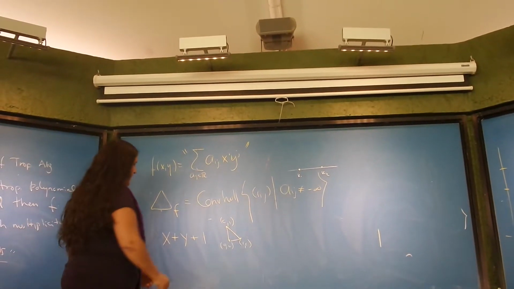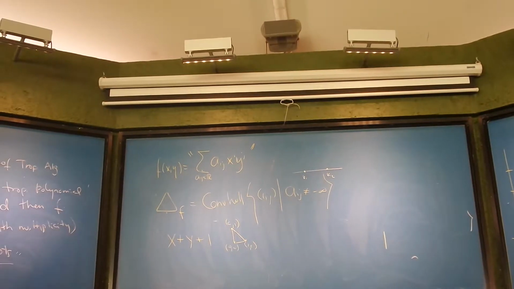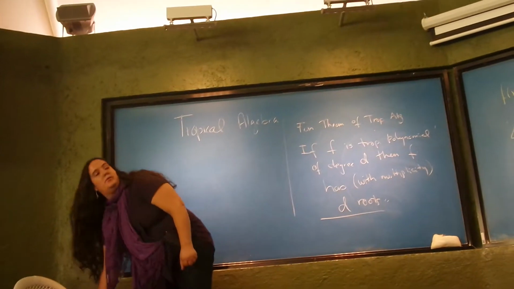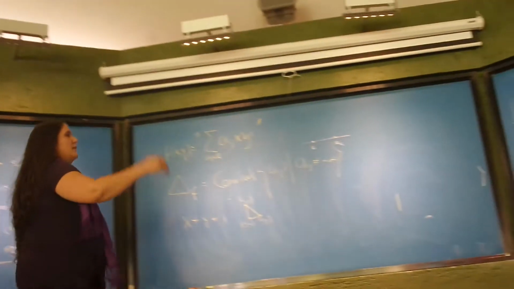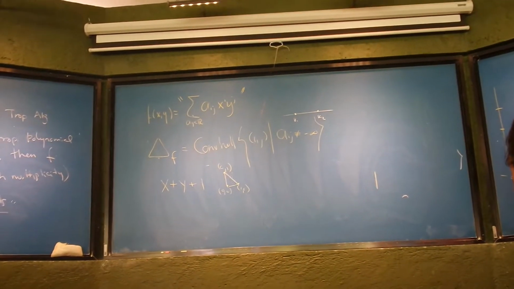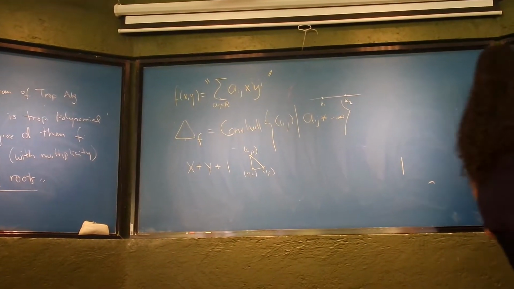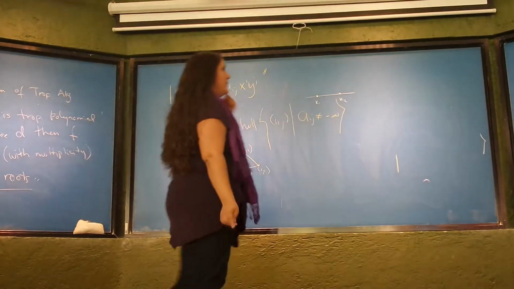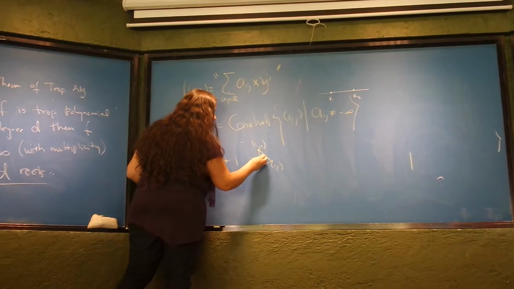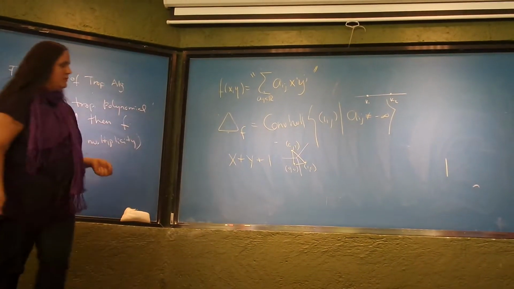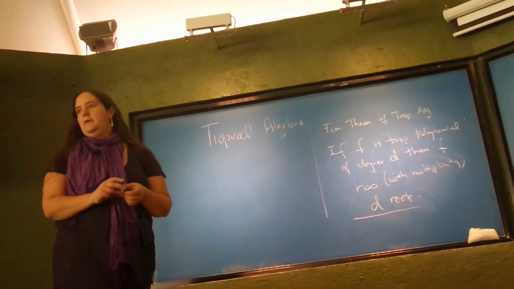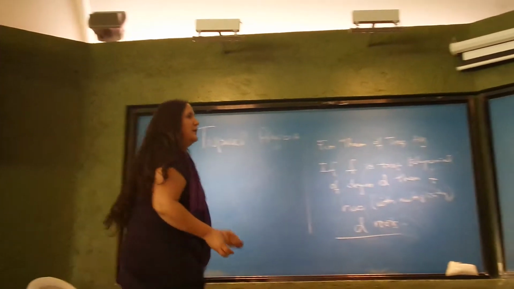And it happens that, exactly in the same way we showed that the tropical curve defined by a binomial is orthogonal to its Newton polytope. If you can see here, we have a dual picture, and the dual picture is exactly the line.